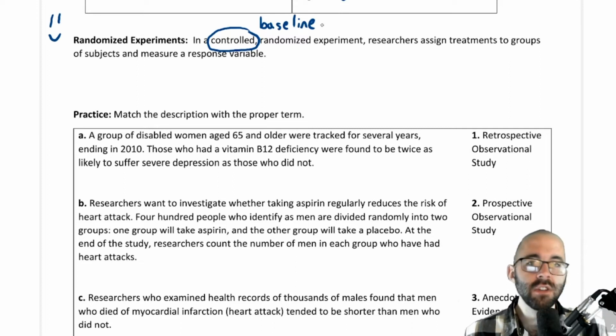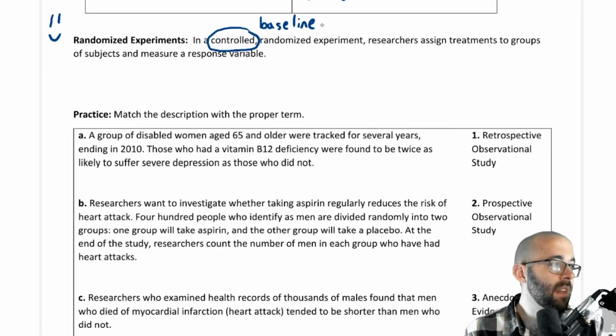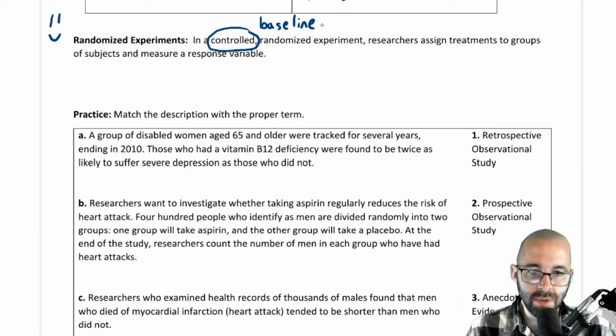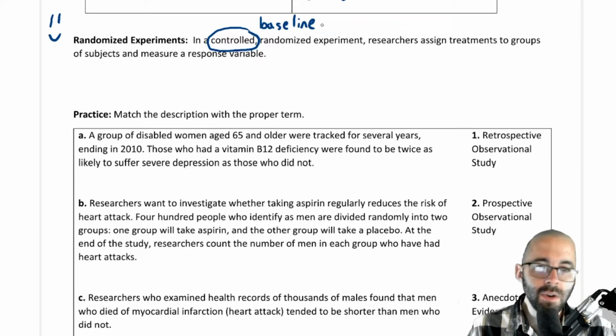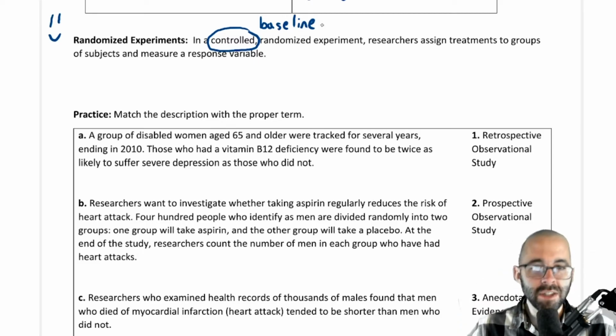So if we don't have a control, if we're just observing people, then we don't know whether there are hidden factors. If I just look at a group of 20 people and say, take this sugar pill and tell me if you feel better, and a bunch of them feel better, well, maybe it had nothing to do with the sugar pill.